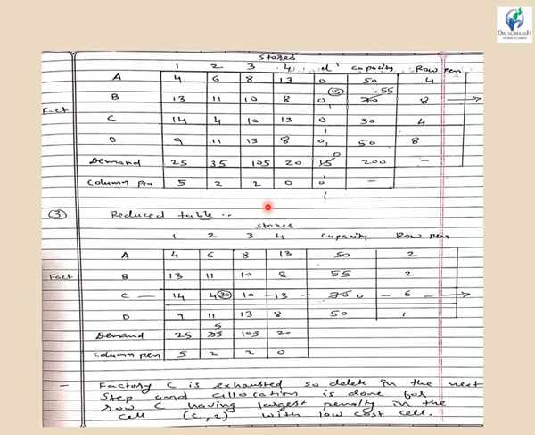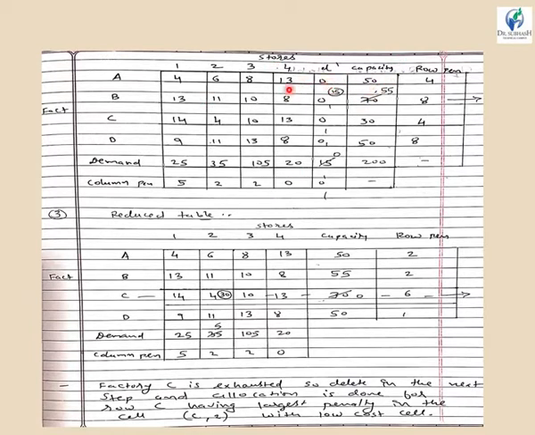Vogel's method is a bit lengthy process, but our ultimate aim is to find the minimum total transportation cost. If you find the basic feasible solution using the other two methods, it will give you a higher cost, but in case of Vogel's method it will always give you a lower cost as compared to the other two methods.